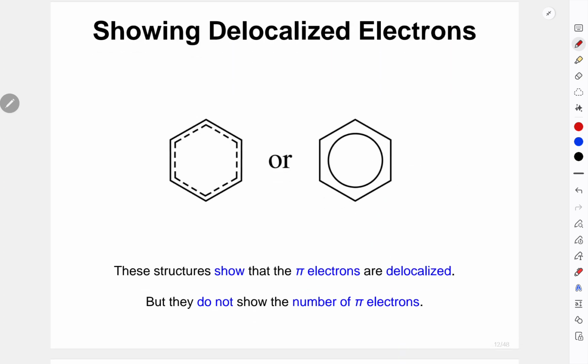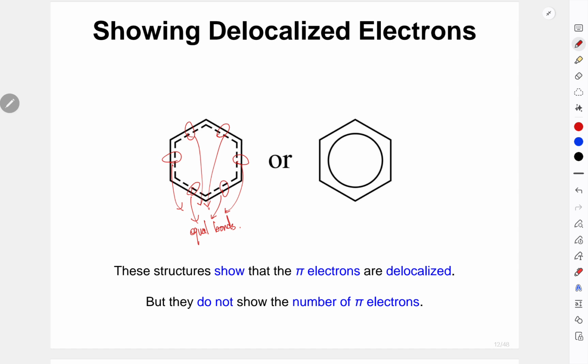Using this dot notation, all carbon-carbon bonds within this benzene structure are equal and the same length, shorter than single bonds but longer than double bonds. Or you can simply put a circle inside, and this represents the delocalization of the electrons across six carbons.